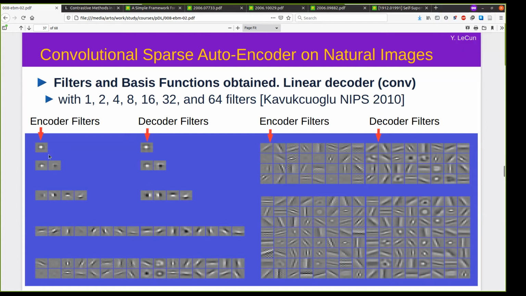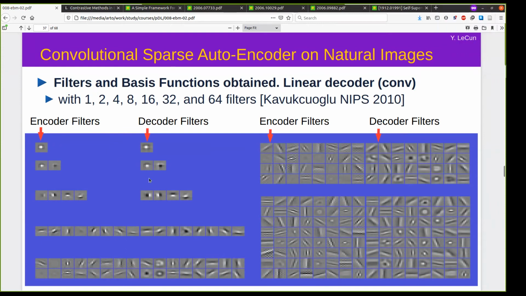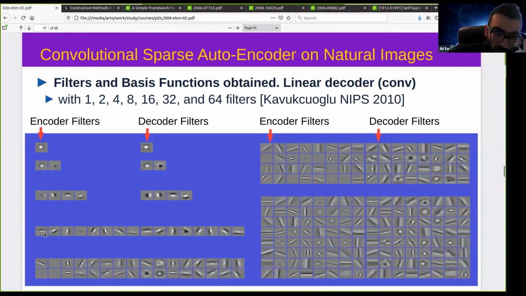If we have a single filter, it is basically something like a Gaussian filter, and as we increase the number of filters, we start to learn these edge detectors.